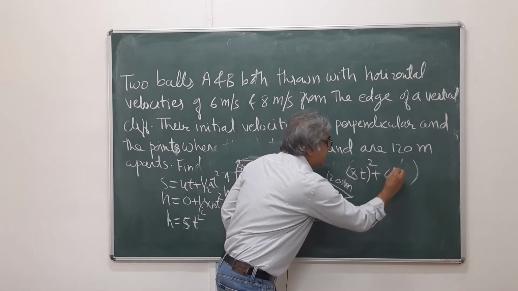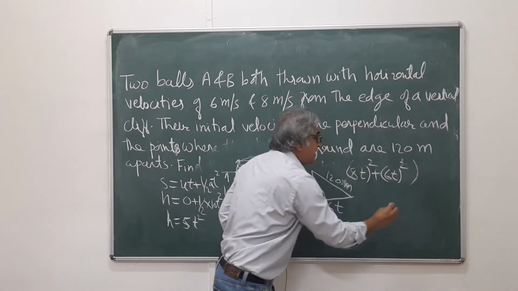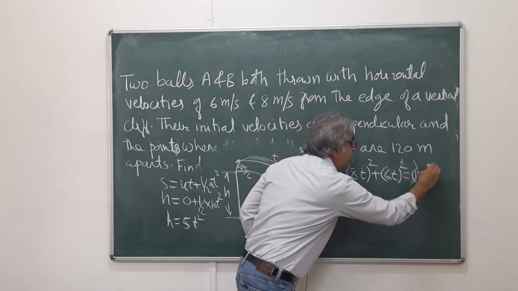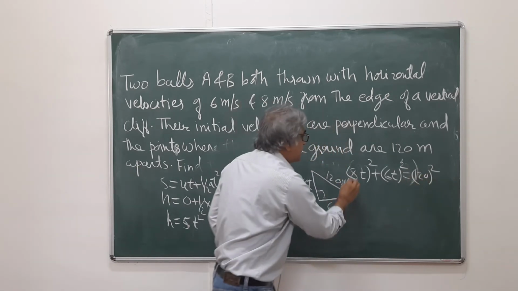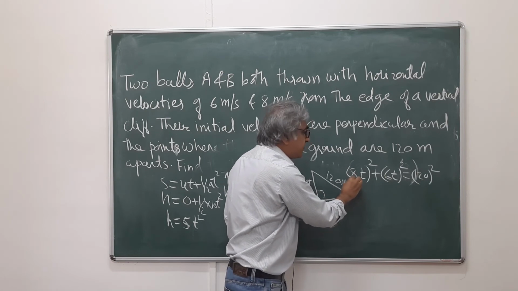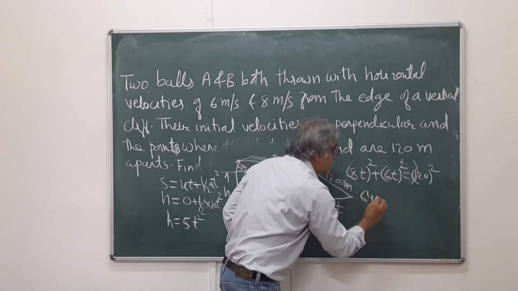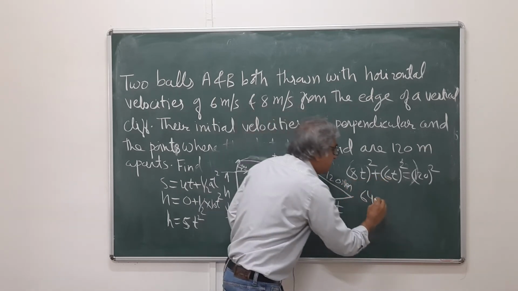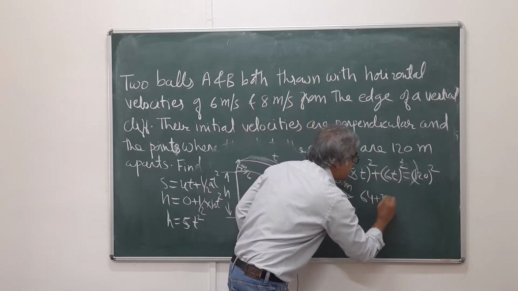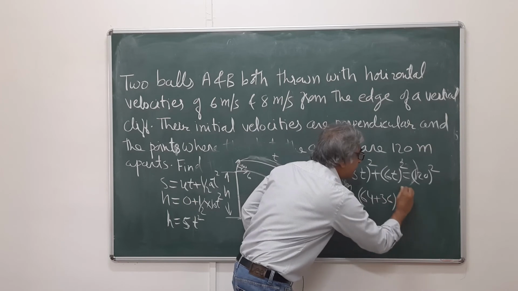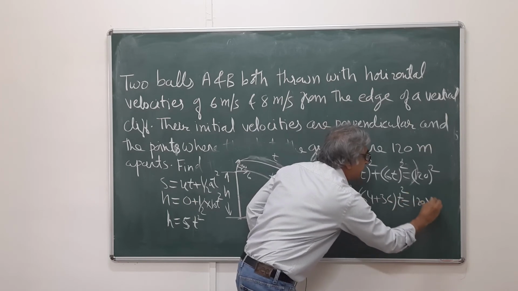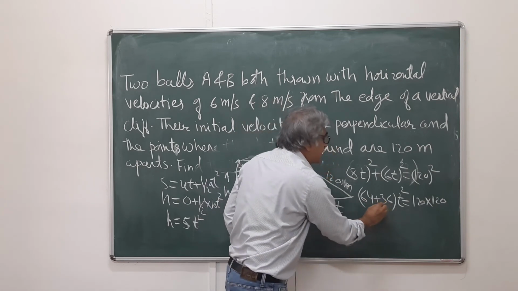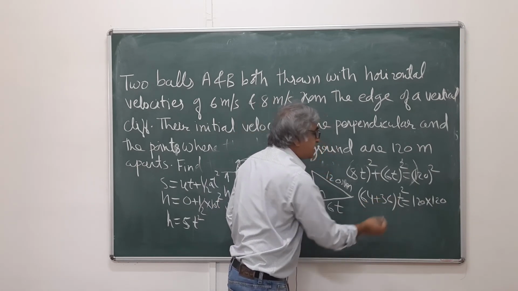Which is 8 into 8, 64, so 64 t square plus 36 t square, since 6 square is 36, is 120 into 120. So this is 64 plus 36 is 100.